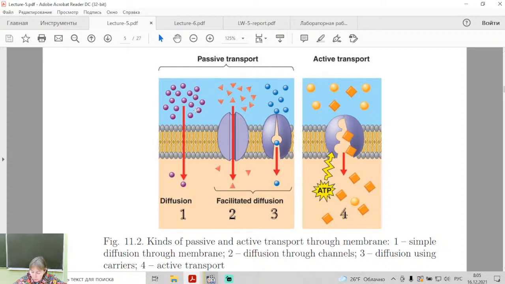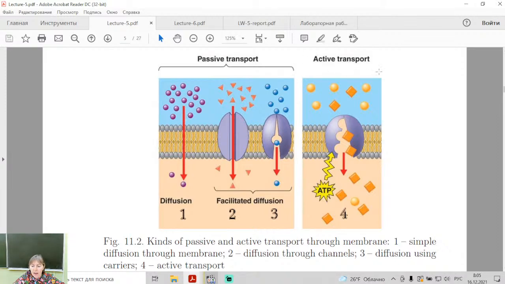It is named so because it does not demand cell energy input for transport of substances across the membrane. The mechanism of passive transport includes different kinds of diffusion: ordinary diffusion, facilitated diffusion, electrodiffusion, osmosis, filtration.